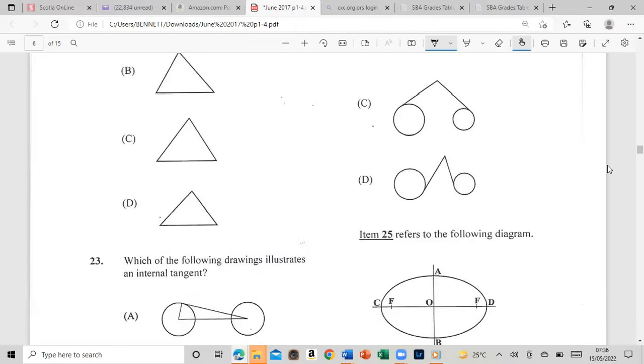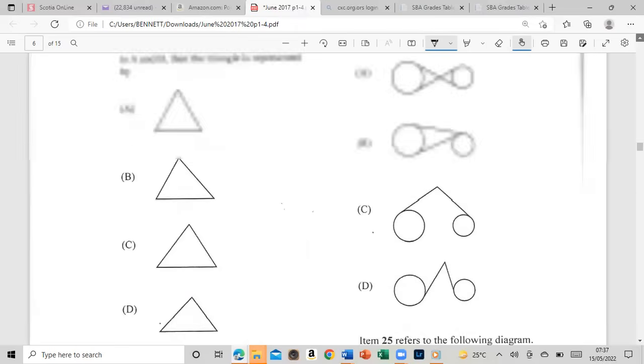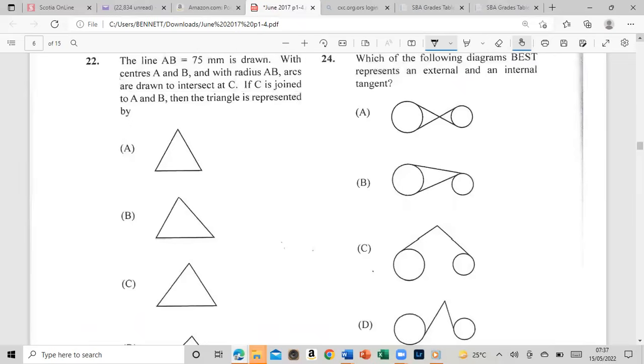There is no label on it, so we will never know that. I don't see any AB.